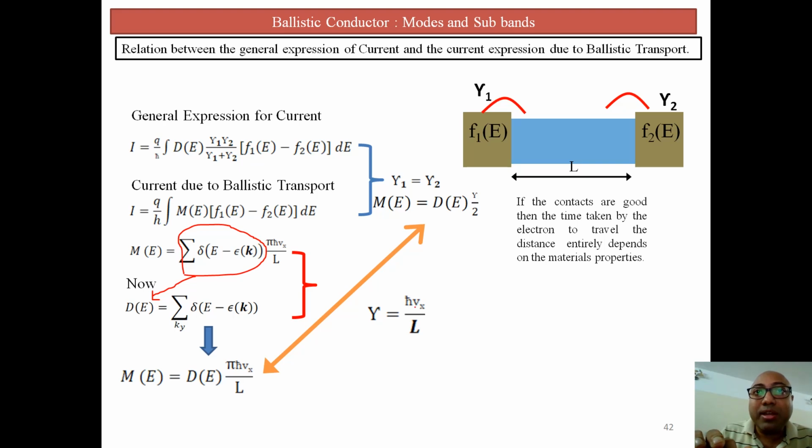So it is h bar by time, and h bar has the dimension of joule second. So you will get the same dimension as gamma, which is an energy.